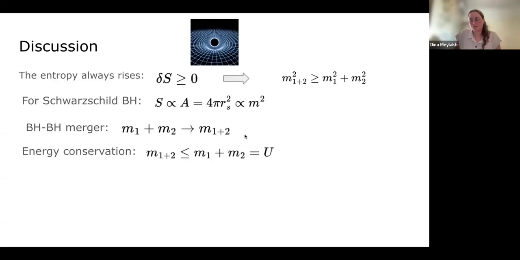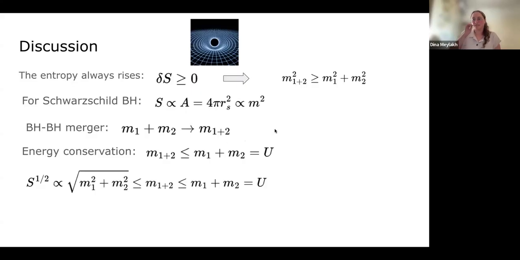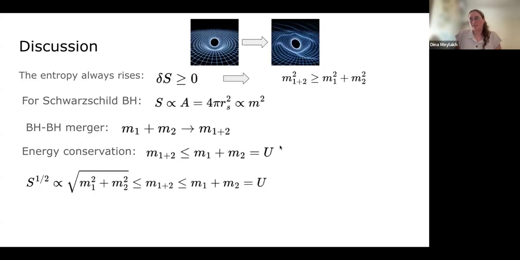But we also know from energy conservation that the mass of the remnant can't be bigger than the sum of the masses. So we have both lower and upper bounds on the mass of the remnant. Now consider that the black hole is embedded in some background.